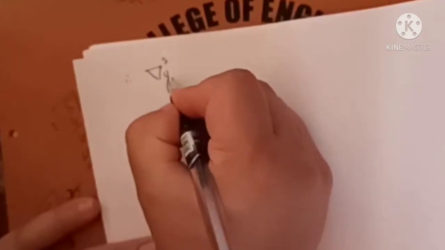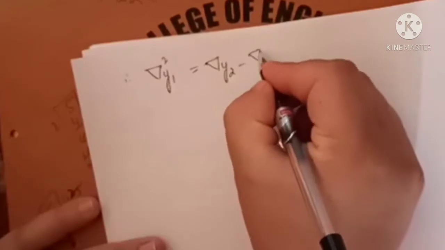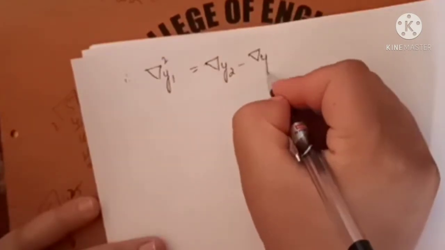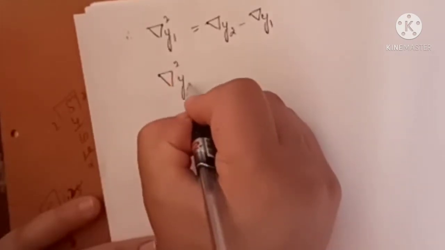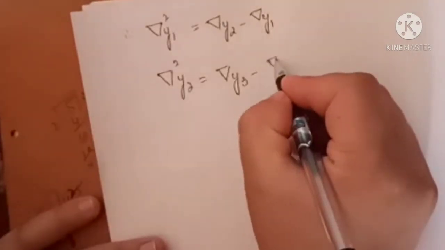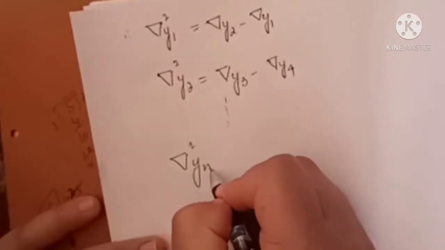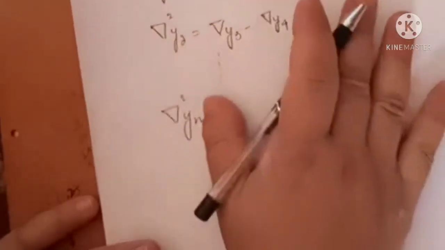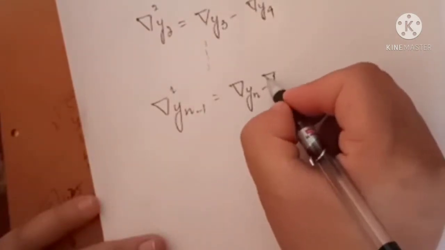Like this, we can have delta y2 equal to y2 minus y1. Second order backward difference delta square y3 will be equal to delta y3 minus delta y2, and so on. Delta square yn will be equal to delta yn minus delta y(n-1).